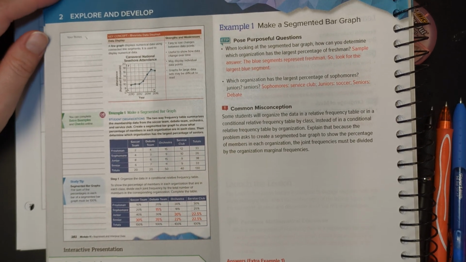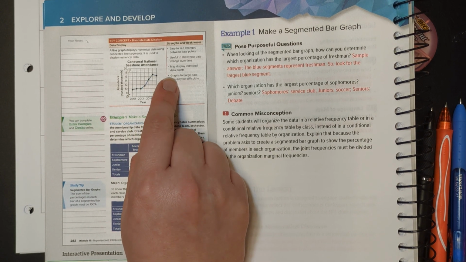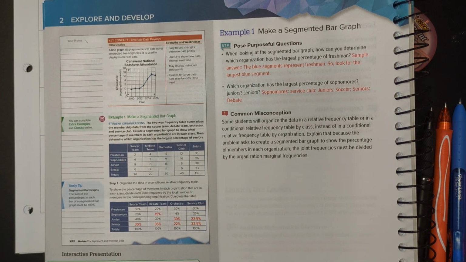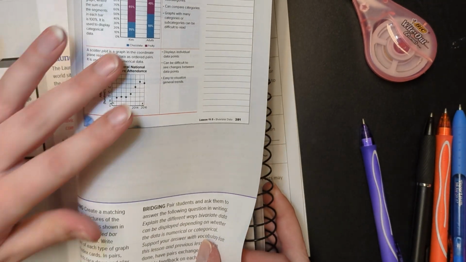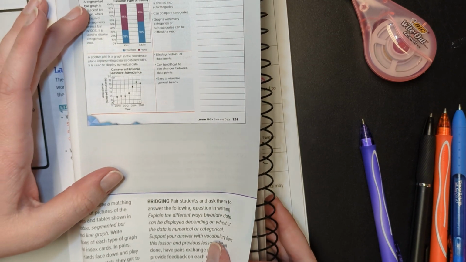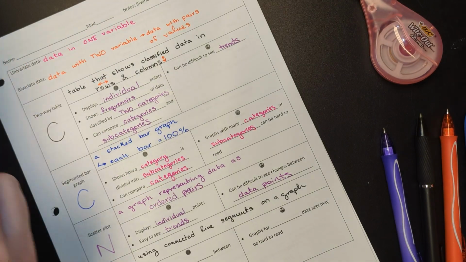Okay, that is a line graph. So you have a bunch of dots and you use lines to connect them to show what's happening with your data. The difference between this and a scatter plot: in scatter plots you don't connect them, in line plots you do connect them. That's your big difference there.